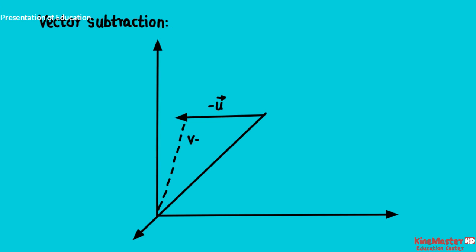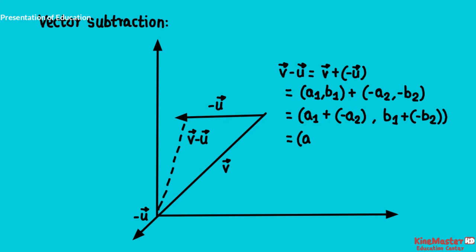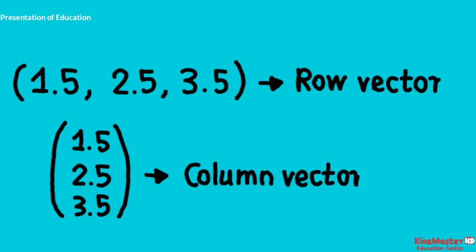For vector subtraction, we can draw the graph like this: v minus u, which is v plus minus u, a1 plus minus a2, b1 plus minus b2. We can use 1.5 and 2.5 or 3.5 by using row vectors and column vectors.